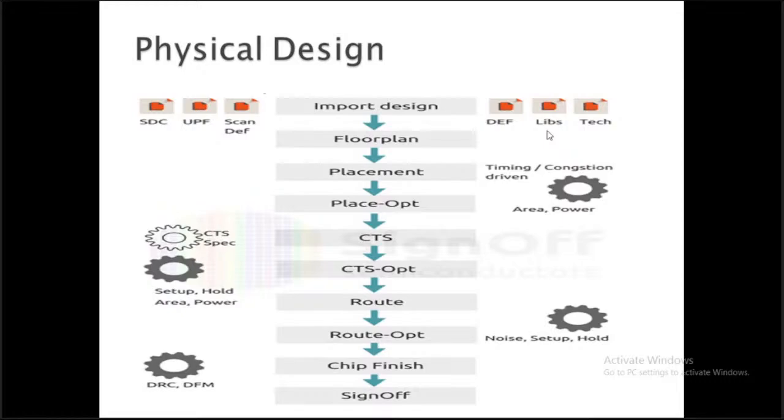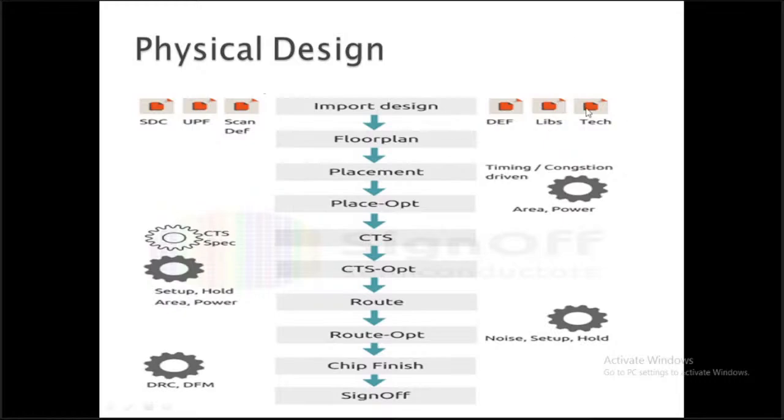Usually, if you see, there are NLDM, the non-linear delay model, and then the composite current source model, CCS. The composite current source model itself has three types of model: the timing model, the noise model, and the power model. We use those data to analyze our SoC in a proper way, whether timing or power is proper or not.